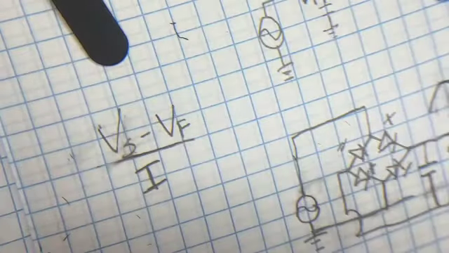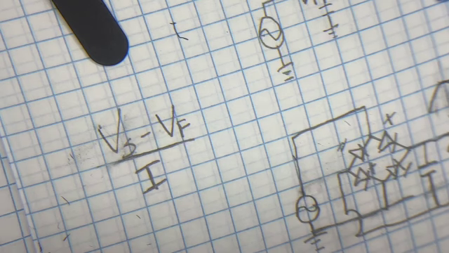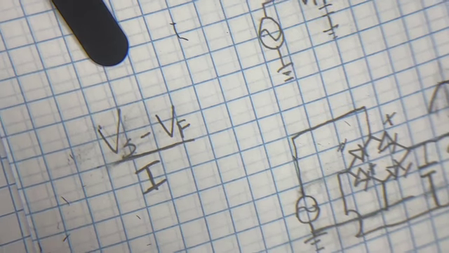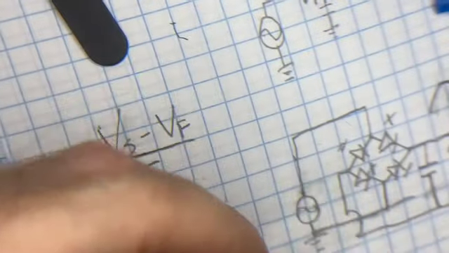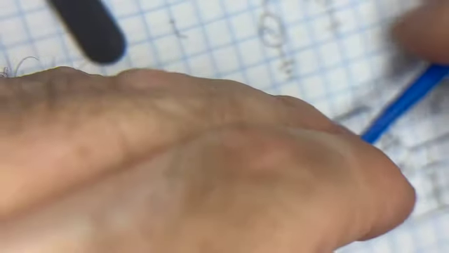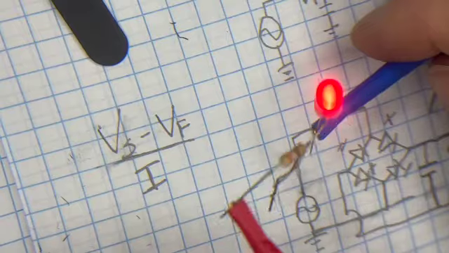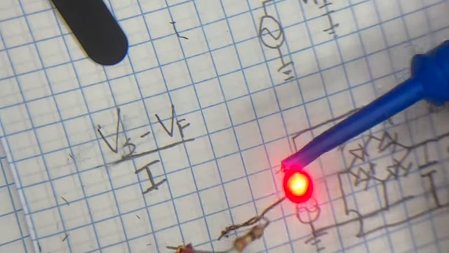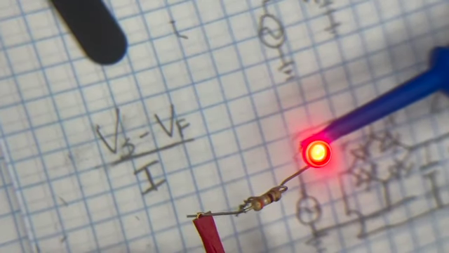So here's a red LED, and I'm just going to wrap this resistor here around the anode leg, which will connect to the positive, and this to the negative, and voila, got ourselves a nice red LED.